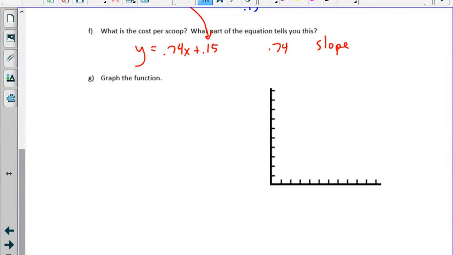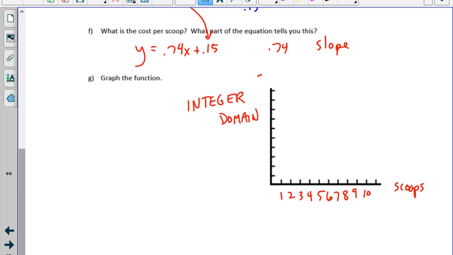And when I graph the function, remember that I only have integers in my domain. So since I only have an integer domain, I'm going to label things properly. These are scoops, and this is cost in dollars. And I'm going to make this really simple.